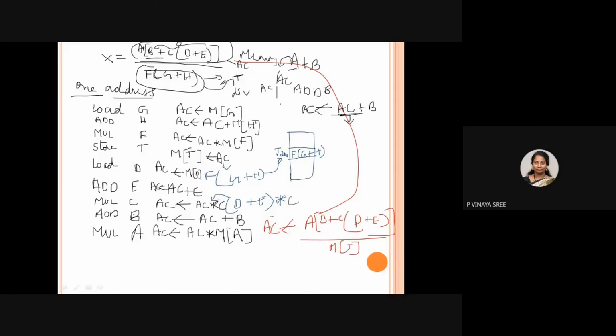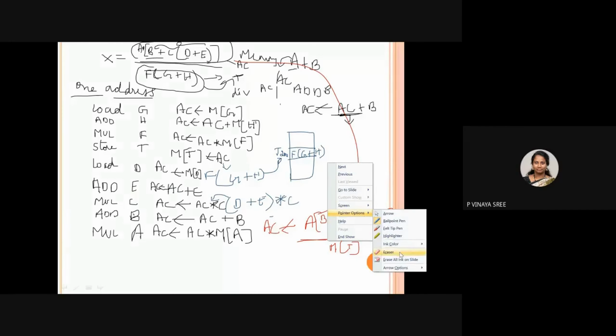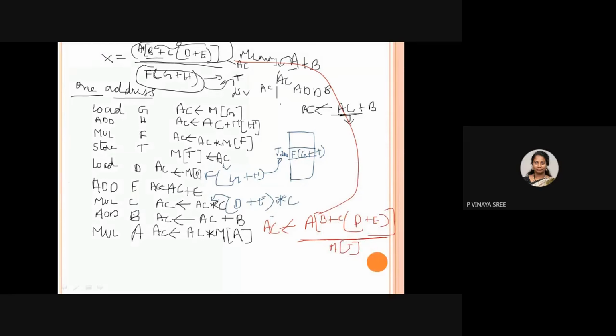So the next operation is division. One operand is present in the accumulator, and the other operand is present in a memory location. So let me complete this. Next is the div operation. Div, what do we need to mention? It is located in memory location t.